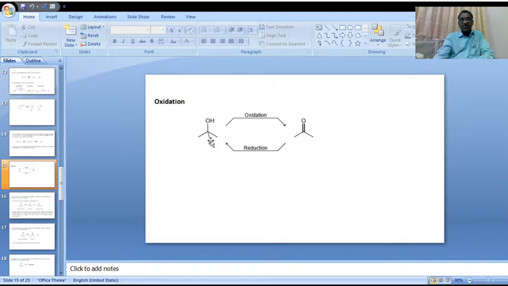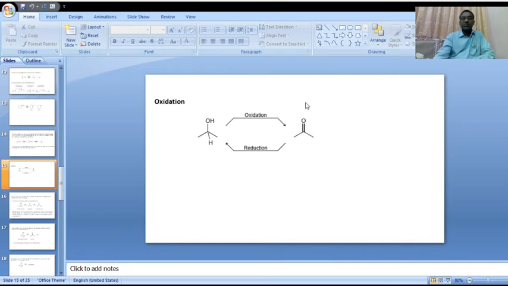Loss of hydrogen to form a double bond between carbon and oxygen, a new pi bond generated between the carbonyl carbon and oxygen, to form a ketone. Okay, this is a ketone.